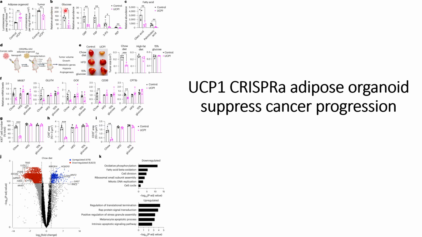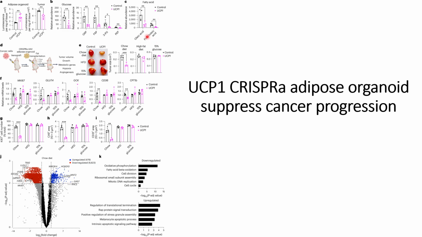And when they check some of the other factors, such as glucose 6-phosphate, fructose 6-phosphate, 3-PG, PEP, they see that their relative abundance goes down in these tumors when they are co-transplanted with this UCP1 CRISPR adipose compared to the control. And in terms of fatty acids, they checked oleic acid and palmitoleic acid.